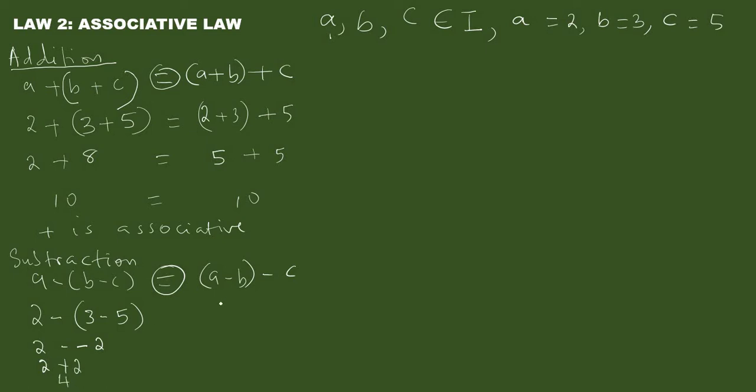Let's go to this side. On this side, I will have 2 minus 3 in the bracket first, then minus 5. So this will give me minus 1 minus 5, and that is minus 6.